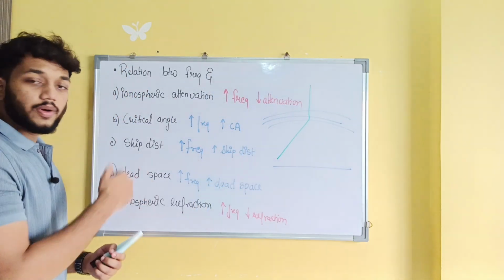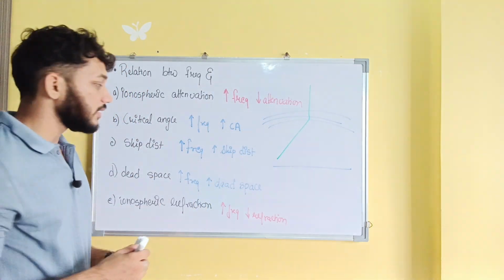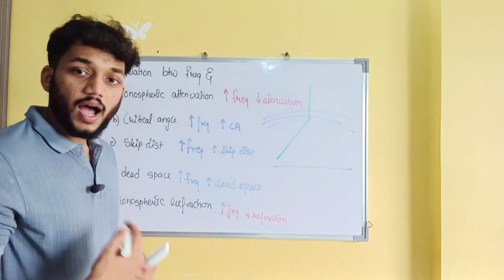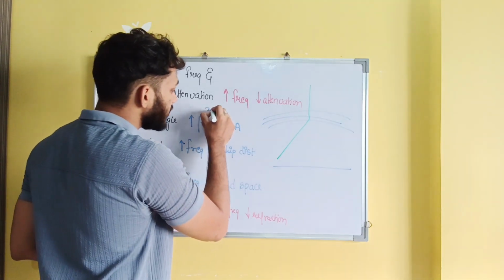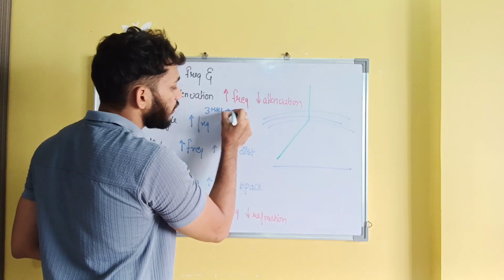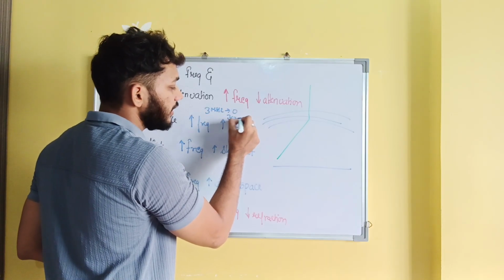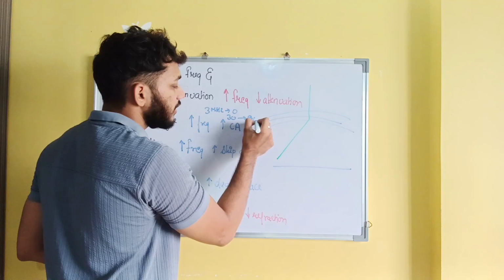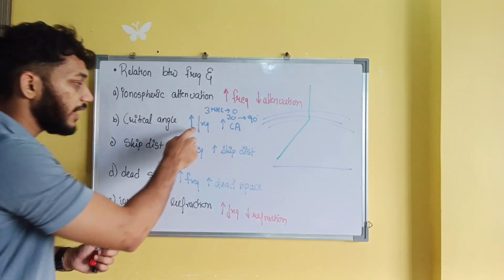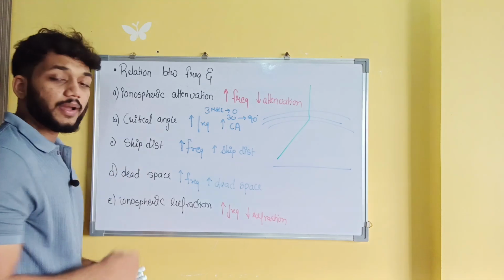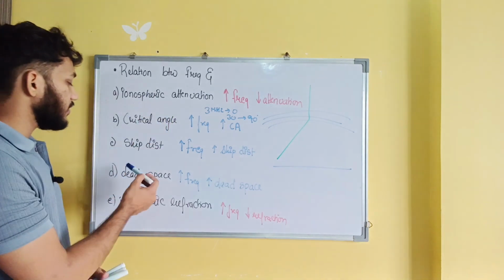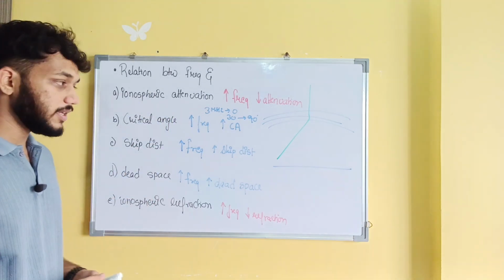Right? Now coming to our second point, which is critical angle. Higher the frequency, higher is the critical angle, that we have already seen. 3 megahertz critical angle was 0 and for 30 critical angle was 90 degree, right? So higher the frequency, higher is the critical angle. Now coming on to our next relation, which is frequency and skip distance.